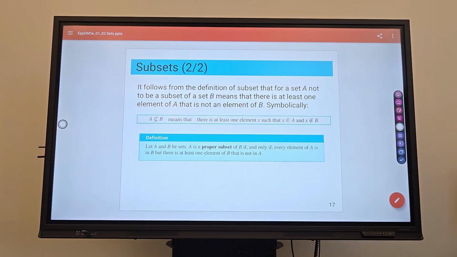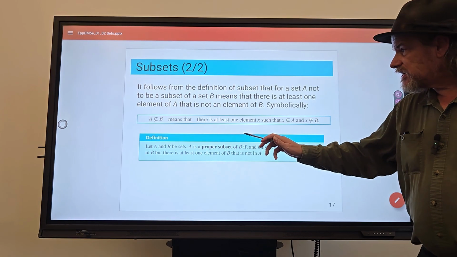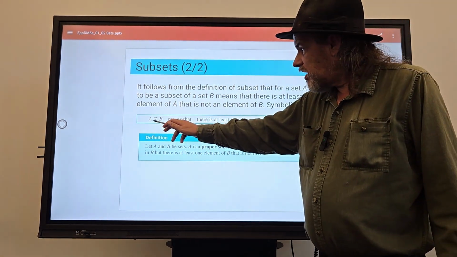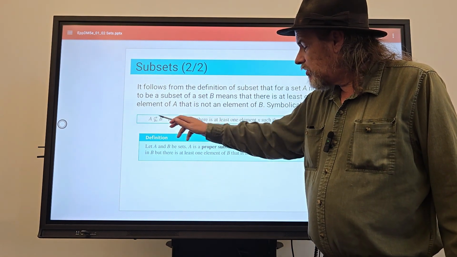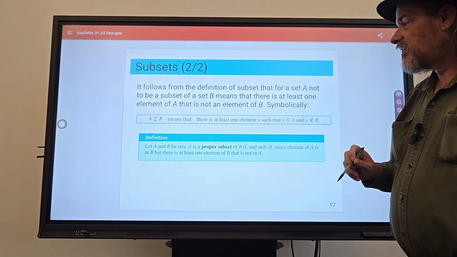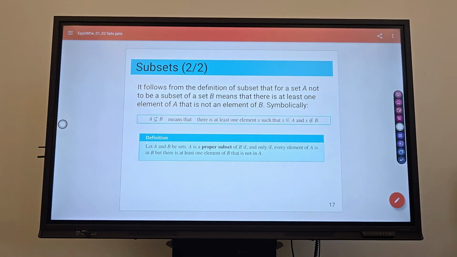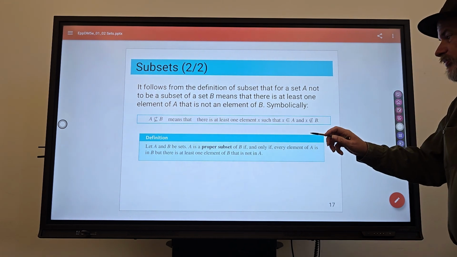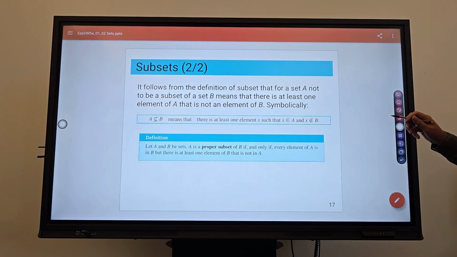Now, the line under the stylized C here indicates a subset. There's also a proper subset, where A is a proper subset of B if and only if every element of A is in B, but there's at least one element of B that is not in A. So they can't be equal.